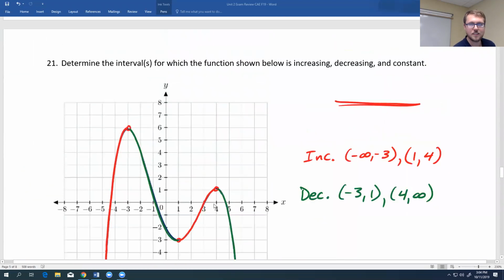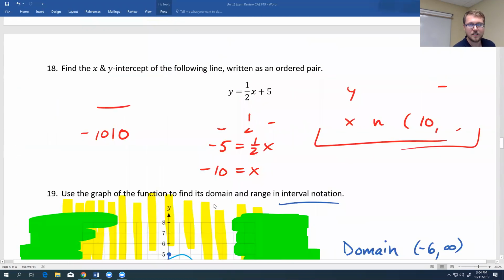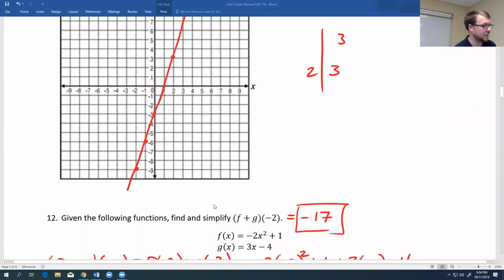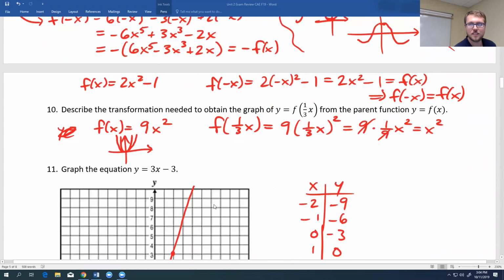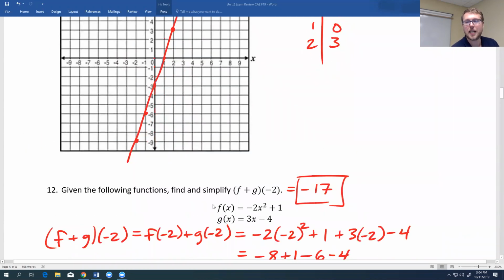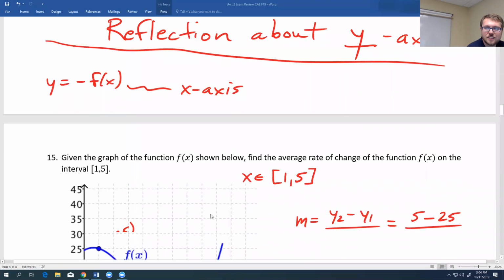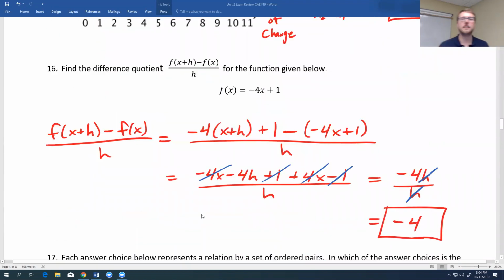Can you type in what problem number you want me to look at? Thanks, guys. Oh, did I get your name on the sign-in sheet? Yeah. Okay, thank you so much.